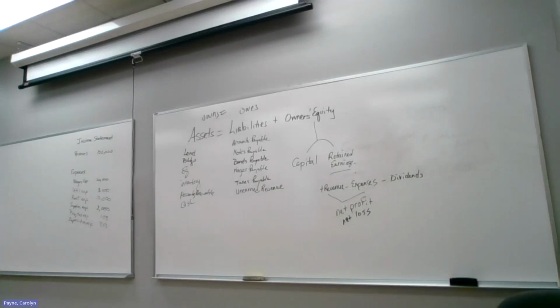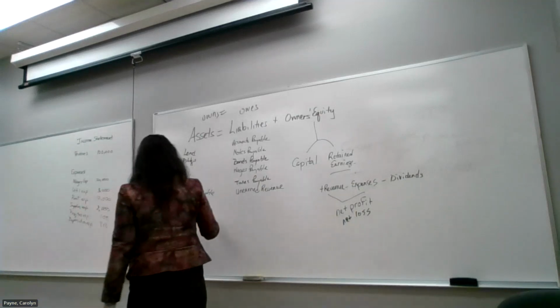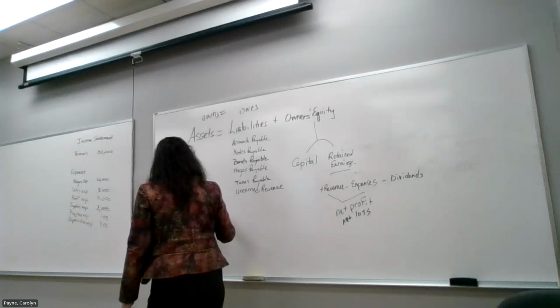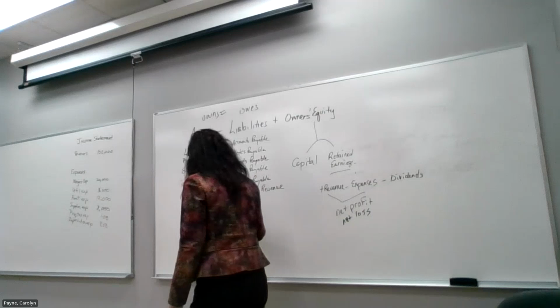What does it mean to depreciate? Goes down in value. Okay, so all of my fixed assets, assets I'm using in my business, what's a fixed asset? They're permanent, which means they're going to last more than a year.